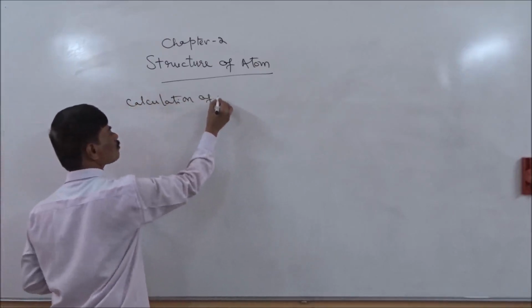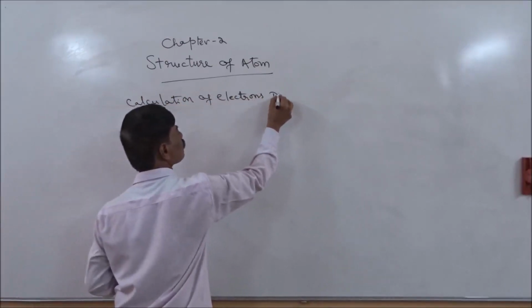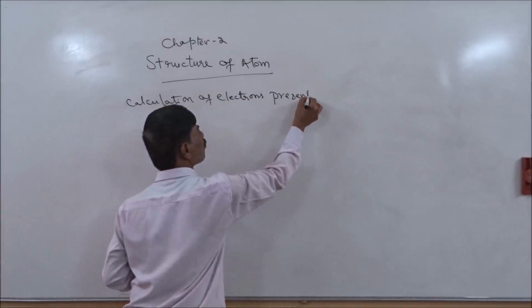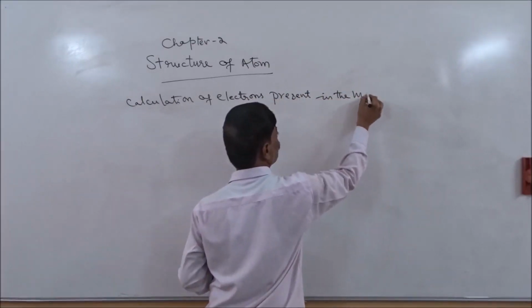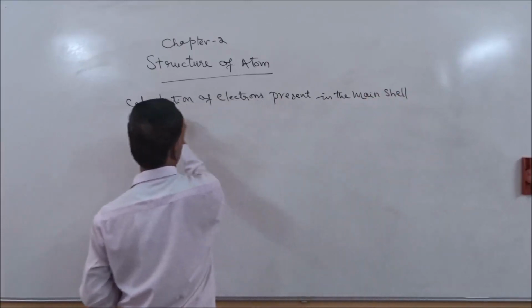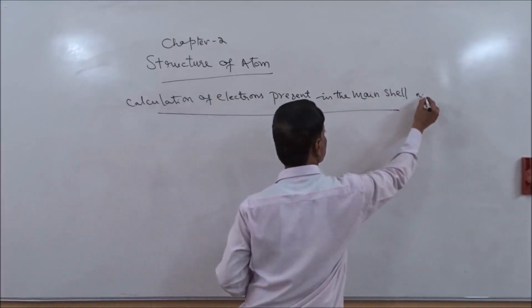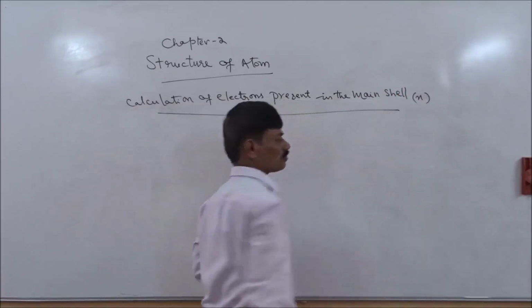Calculation of electrons present in the main shell. Here main shell means n, that means principal quantum number. Right.